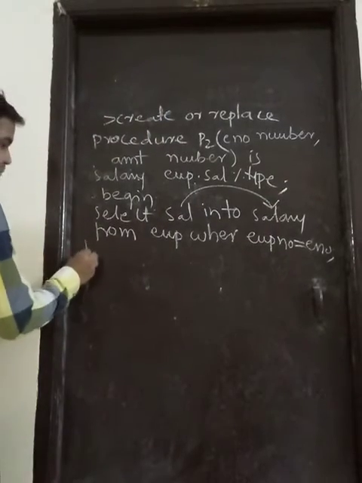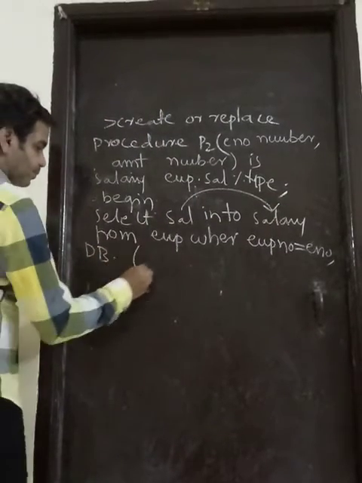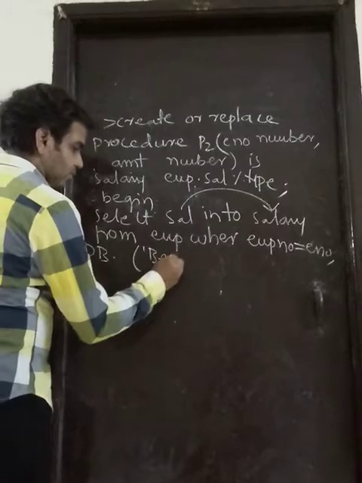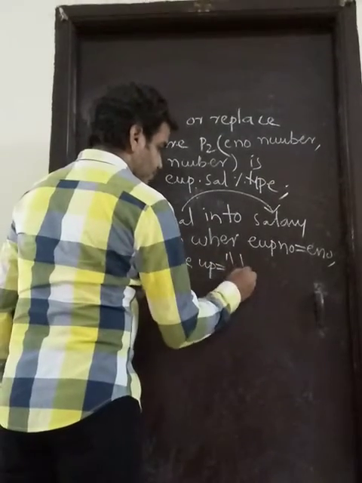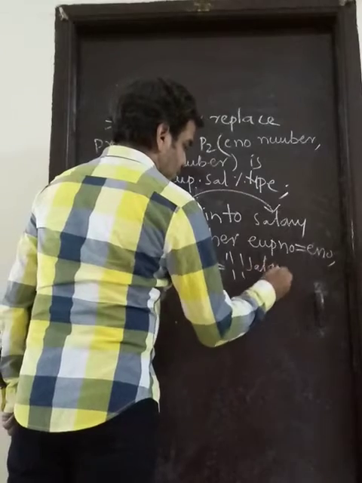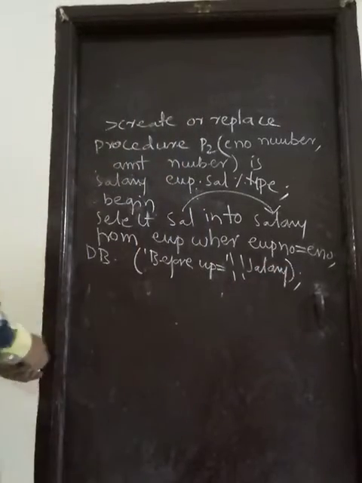Then first of all we are displaying dbms underscore output before updation is equal to salary. Now we are updating.